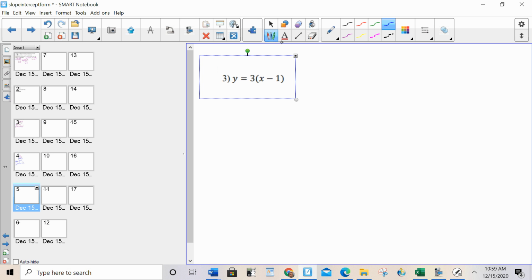Number 3, y is by itself, but it's not in y equals mx plus b form because I have parentheses. Well, again, this is just 7th grade algebra. To get rid of the parentheses, I distribute. And now that I have y by itself and it's in y equals mx plus b form, I want you to take about 10 seconds and tell me what the slope and the y-intercept is.